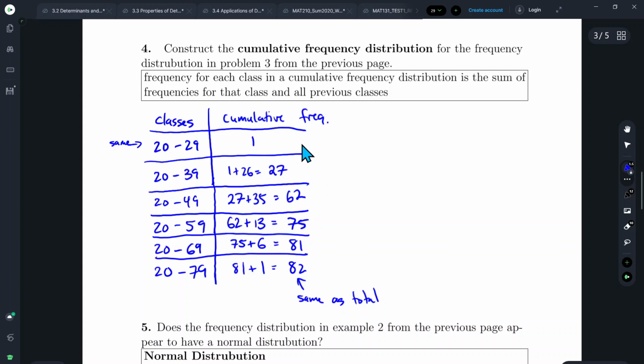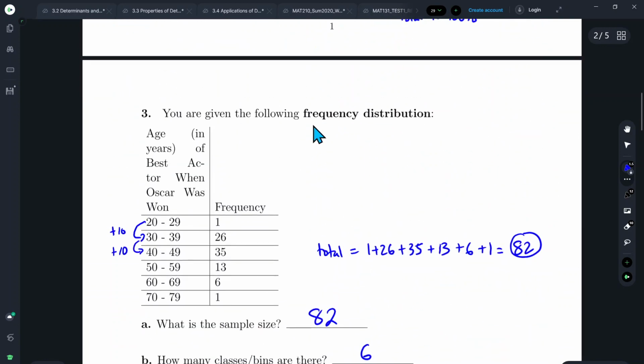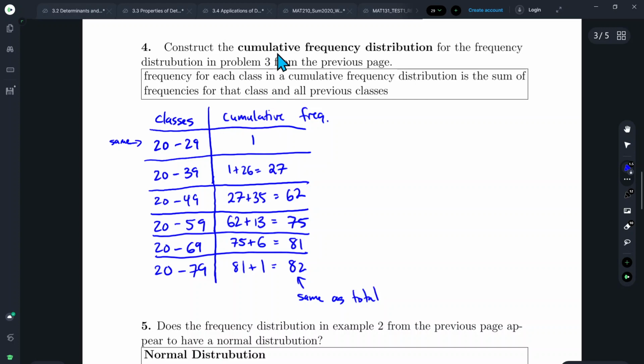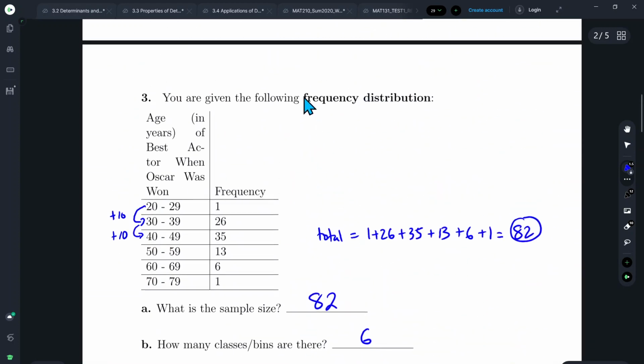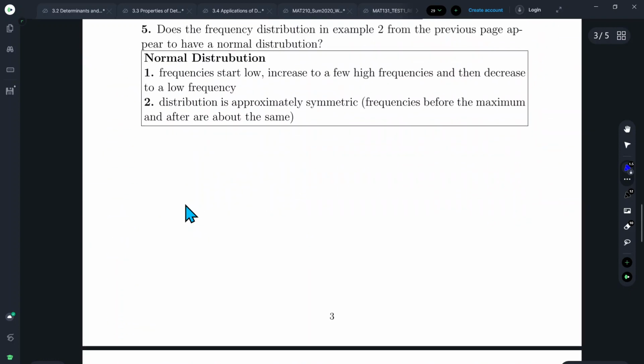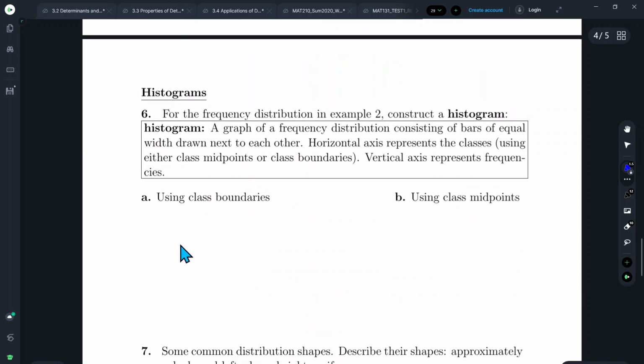Now we want to take this information and construct a histogram. We're not going to do the cumulative histogram. We're just going to do the regular frequency histogram. Here the x-axis can be described in 2 ways.